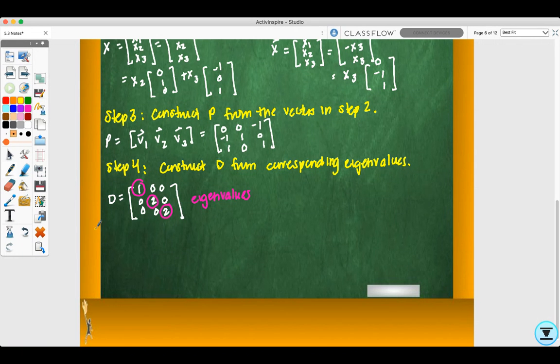And then step 5 would be to verify that AP equals PD.